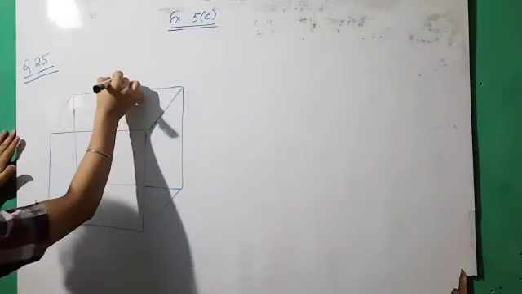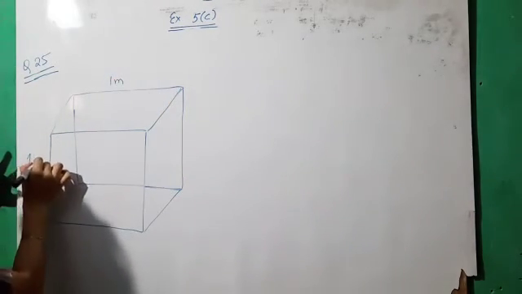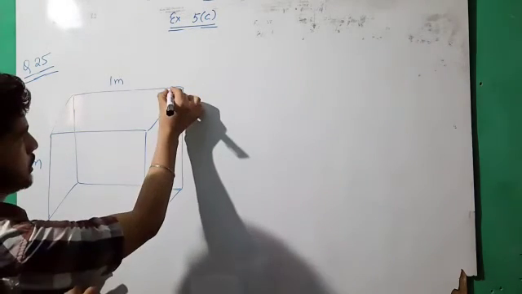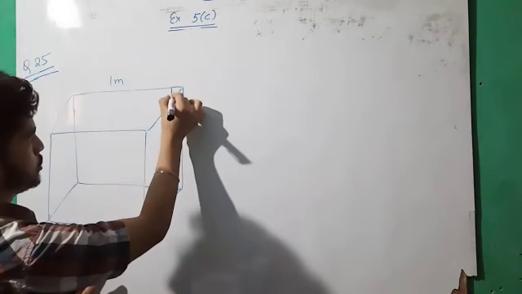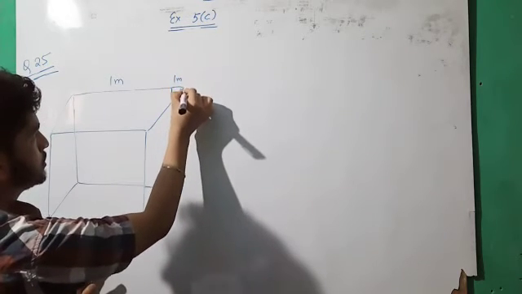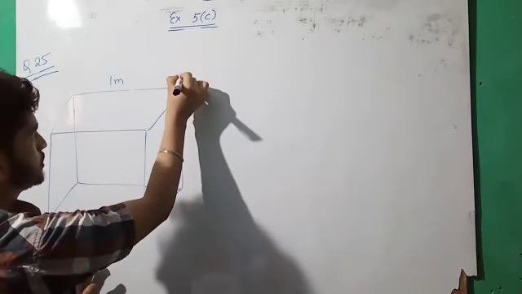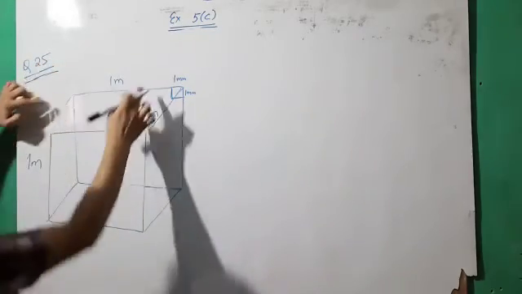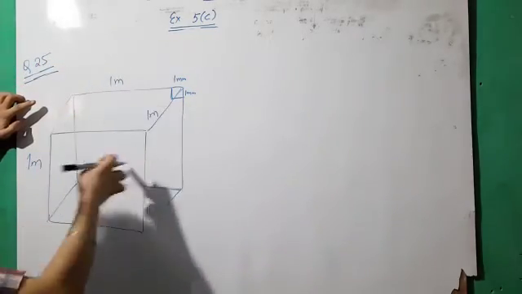This is 1 meter into 1 meter, a cube. Again, this is 1 meter in length, breadth and height.